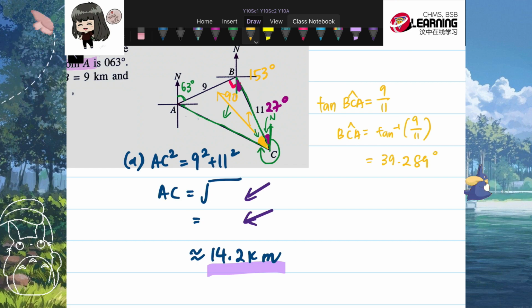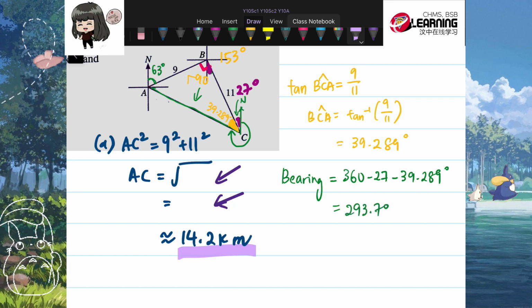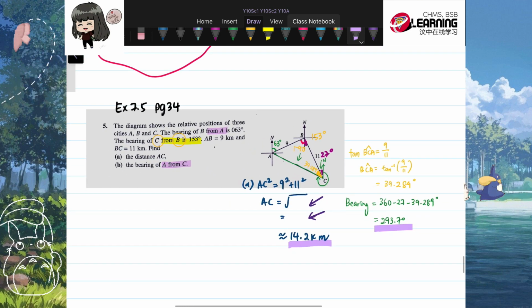So this angle here is 39.289. So the bearing is 360 minus 27 minus 39.289 degrees. So the answer is 293.7 degrees, 1 decimal place for angles. So that's for question 5 and that's it.